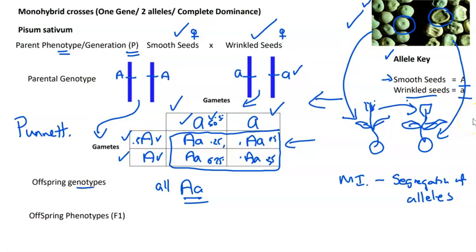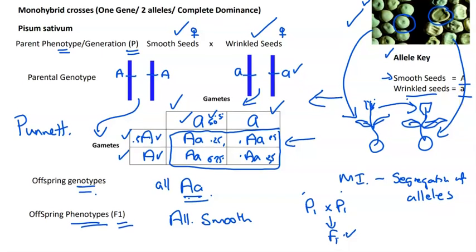Now, our offspring genotype will be big A, little a, but the phenotype of these offspring is that they would all be smooth seeds. This first generation, the filial generation, is referred to as the F1. So just to summarize the diagram above, P1 times P1 gives us the F1. So the homozygous dominant crossed with the homozygous recessive creates a heterozygous new generation.